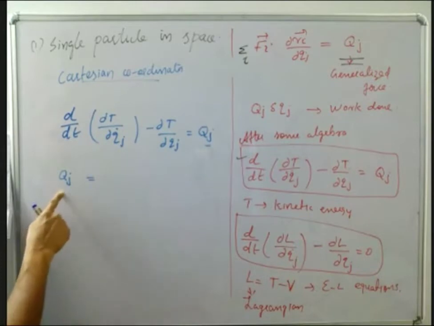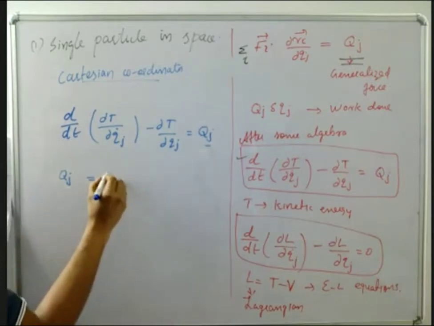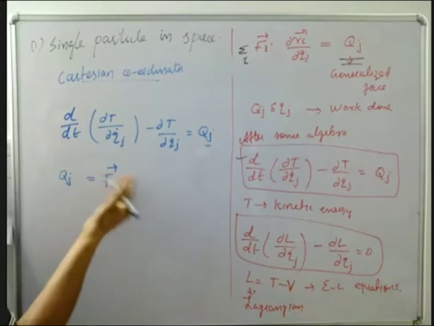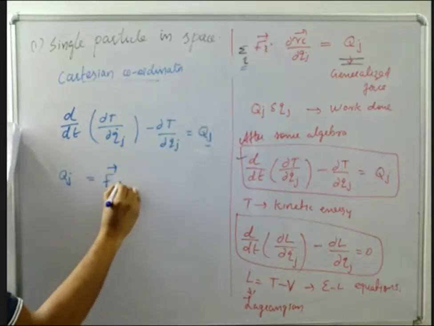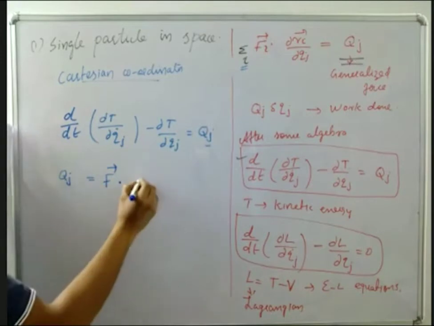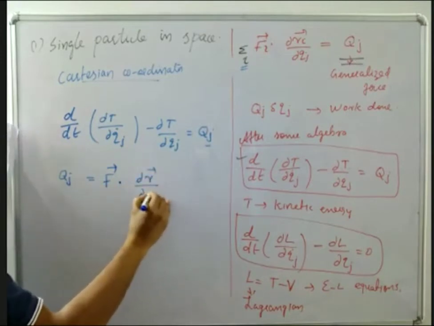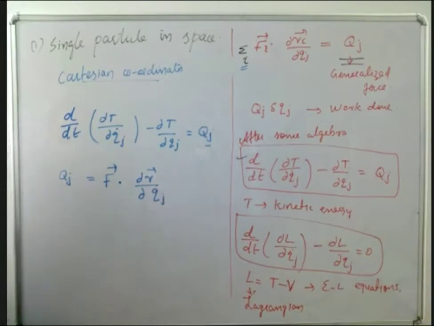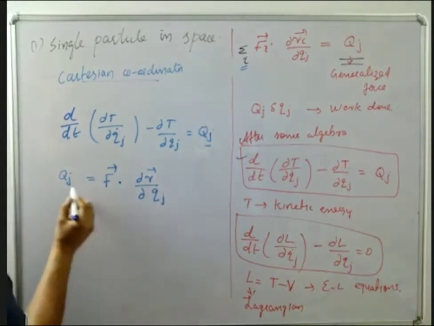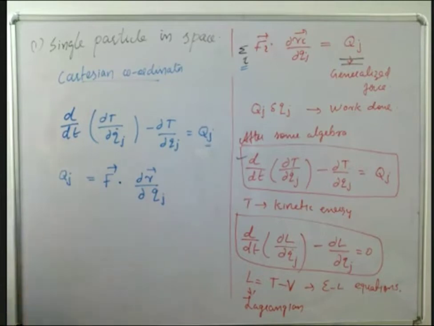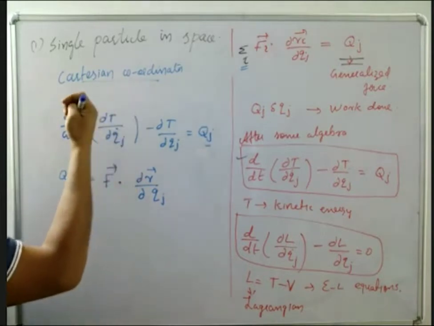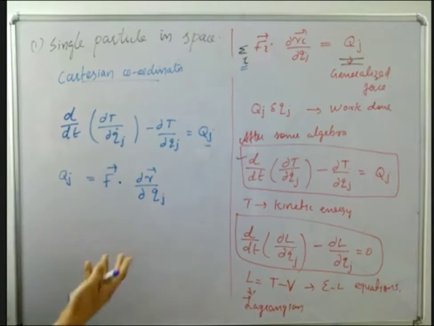Because there's only one particle, you don't have the summation, so Q_j is equal to F vector dot dou r vector by dou q_j. This is for the jth generalized coordinate. You may have a number of generalized coordinates, and in this case, you are looking at Cartesian coordinates, so the generalized coordinates are just x, y, and z.